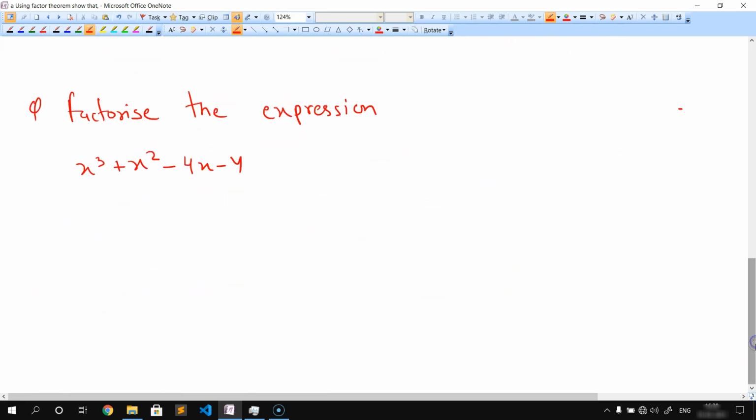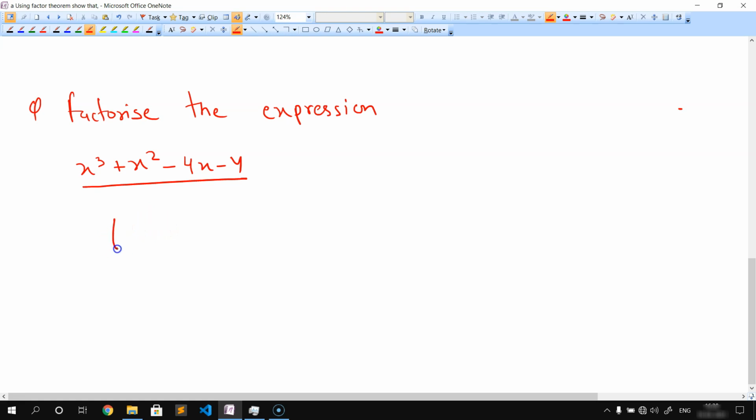Here it is given to factorize the expression. There is no divisor given, so first of all we have to find out the divisor for it. We will randomly take a value of x by which it becomes 0.